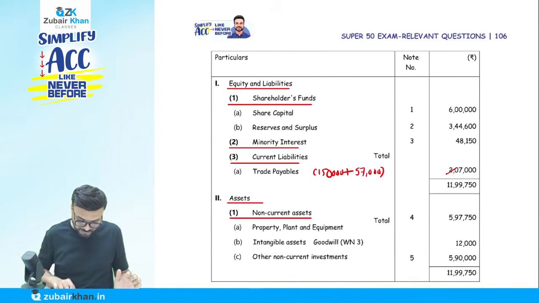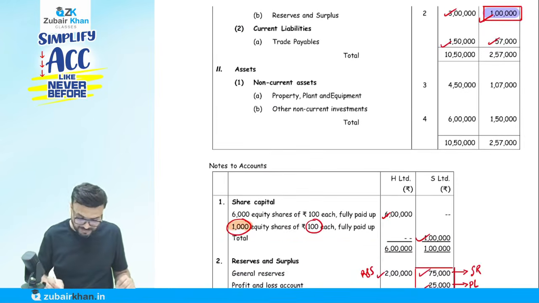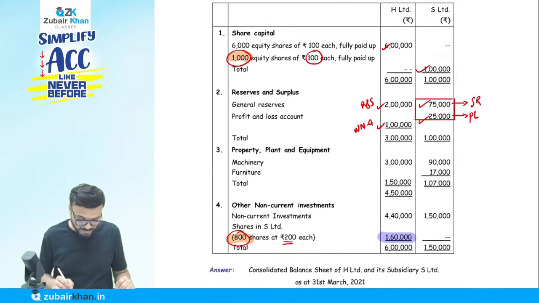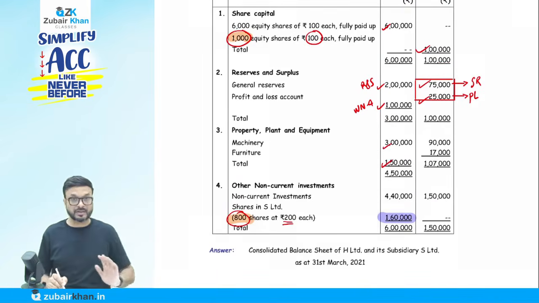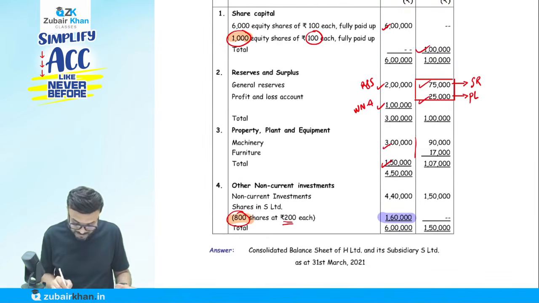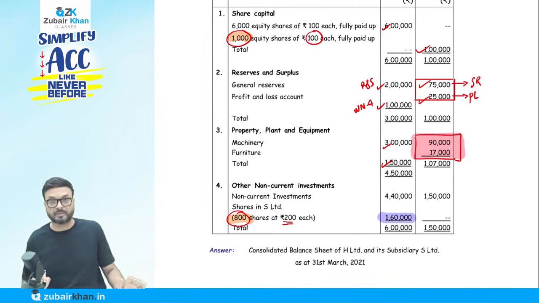Okay. Now we have done with it. Now the asset side. Notes to account number 3: machinery is 3 lakhs, and furniture is 1 lakh 50,000. I will come to this portion because there is some adjustment on it, so let me keep it pending.